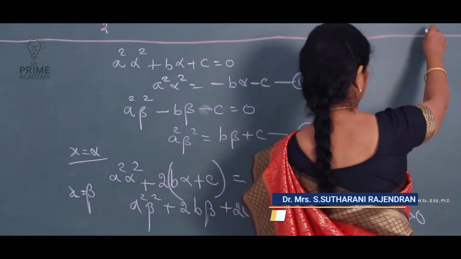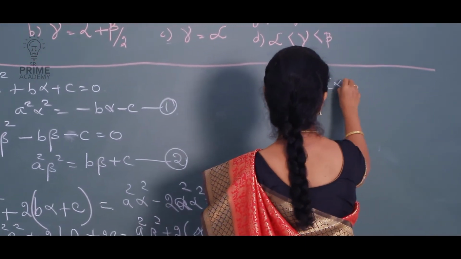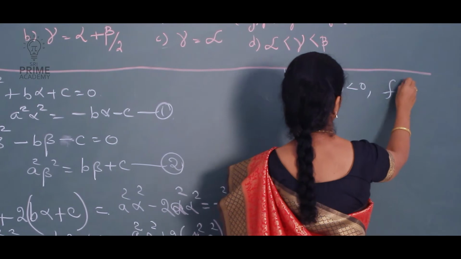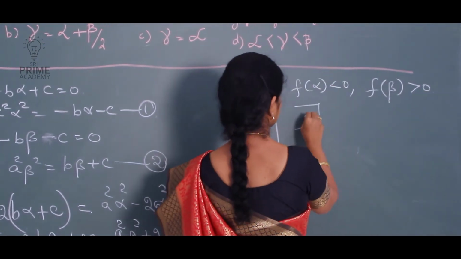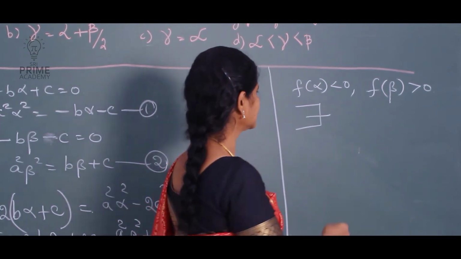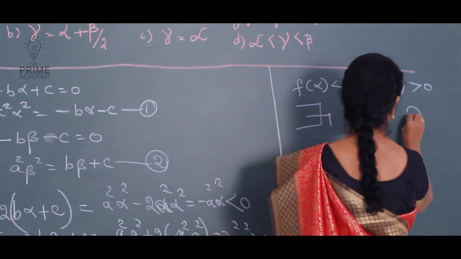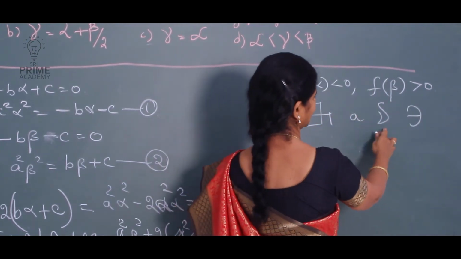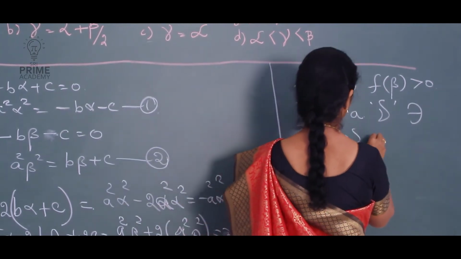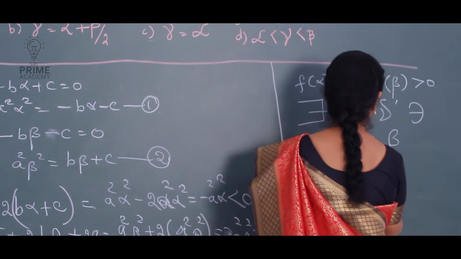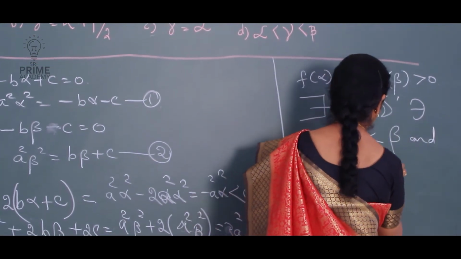So by the quadratic fundamental formulas, if f of alpha is less than 0 and f of beta is greater than 0, it means there exists a real number gamma such that alpha less than gamma less than beta, and we have f of gamma equal to 0.